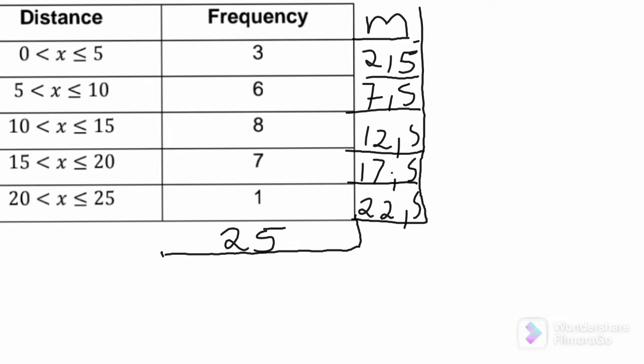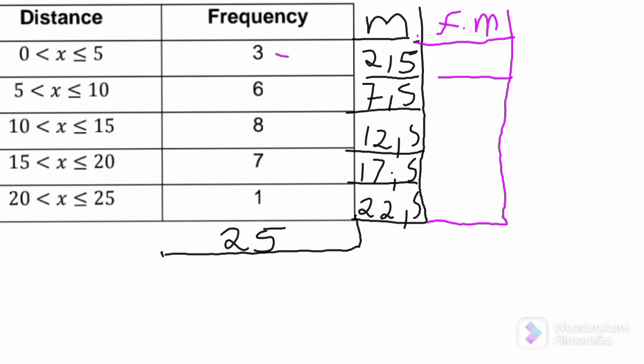We're going to multiply the frequency with the midpoint. So in this column that I'm going to make here, we'll be basically calculating the product of the frequency and the midpoint. I'm going to say 3 times 2.5 is 7.5. So it's 7.5.